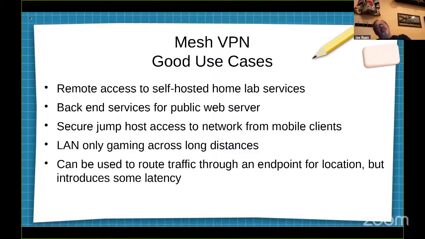But you could theoretically use a mesh VPN and an exit node to route all your traffic from your phone through your house and then back out to the internet, and it looks like your phone's sitting at your house to the streaming service. So that is kind of a specific one, but you need to own the node that it's exiting. So that's why it's not really a privacy VPN, because you own the node and everybody knows that you own it.